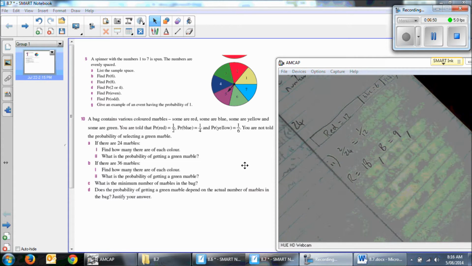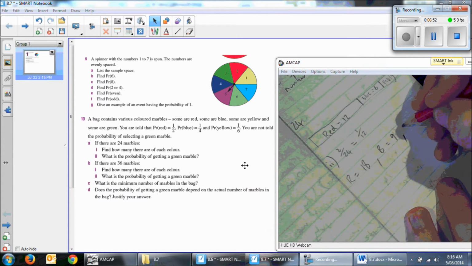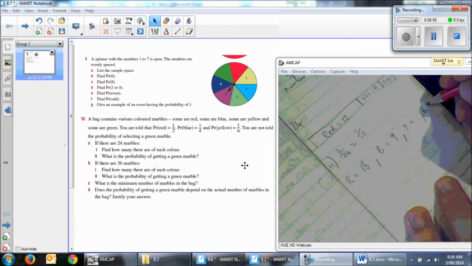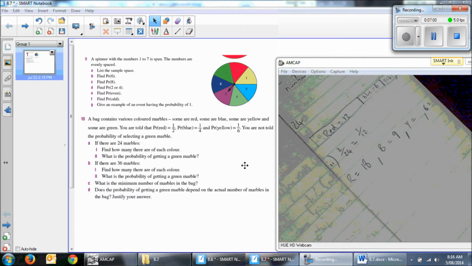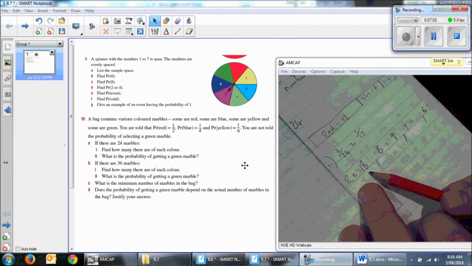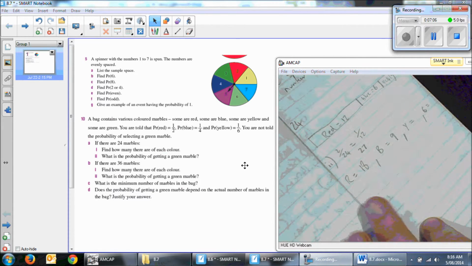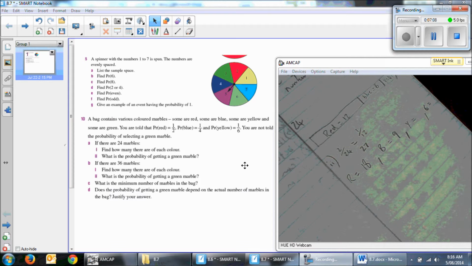So we're on to yellow now, which is a sixth. And then we've got green after that. Okay, so let's have a look at how many we've got left. So here we've got 18 and 9, so that's 27. So that means we have 9 marbles left to give out. So 1/6 of them need to go to yellow.